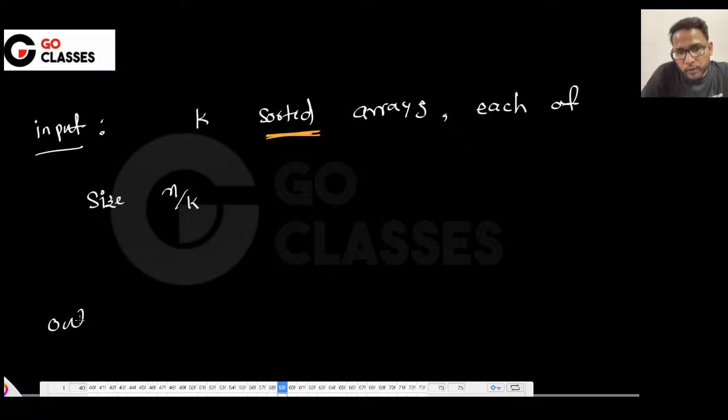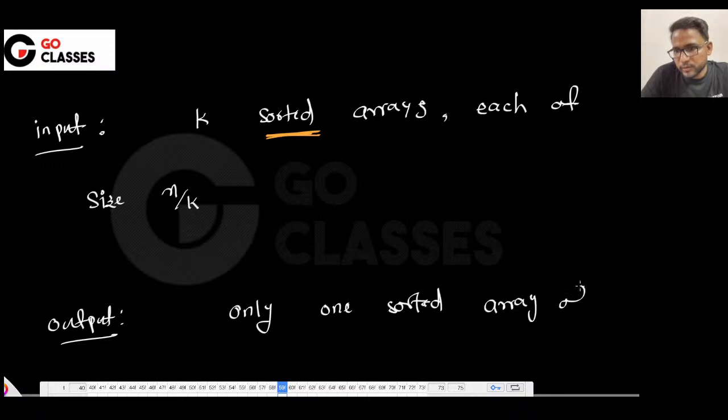The output is only one sorted array of size n. This is a typical problem that they ask in GATE. Let's deal with this kind of question.